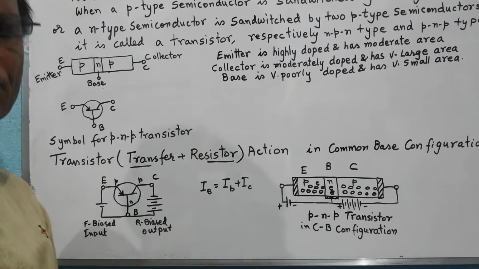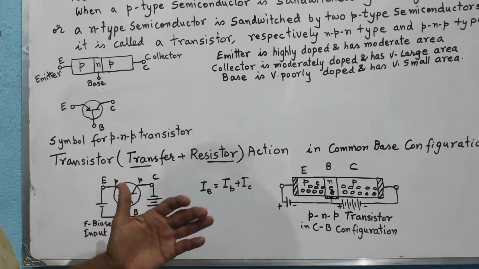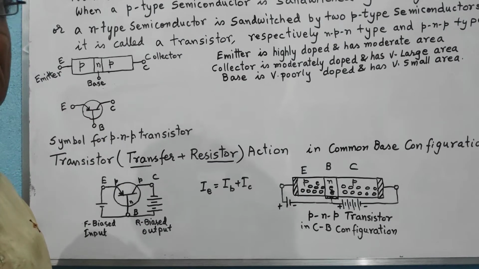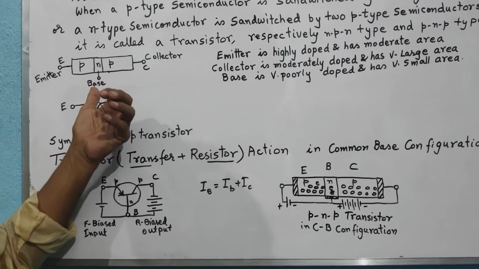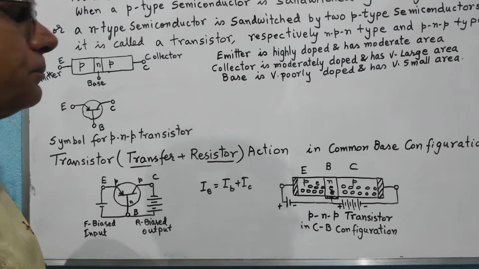To serve a particular purpose, the emitter is doped very highly and its area is kept moderate. The base is doped very poorly and its area is also kept very small.